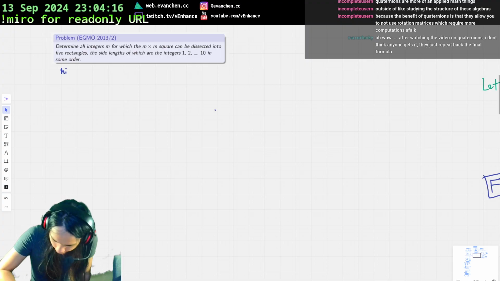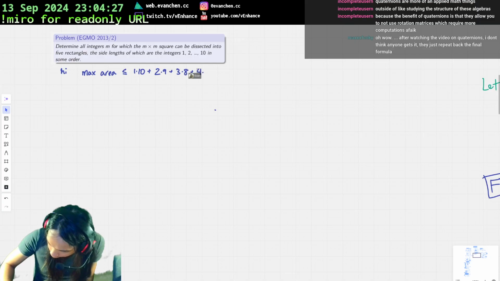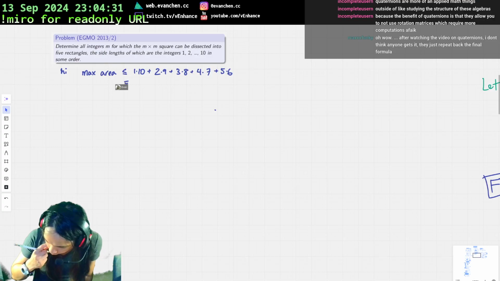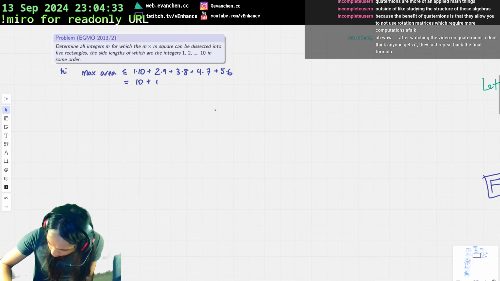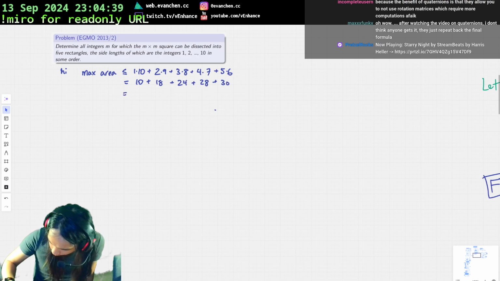Okay, first thing is the max area by rearrangement inequality. So the area is certainly bounded above by 1 plus 2 times 2, 9, 3, 8, 4, 7, 5, 6. So, I don't know, 10, 18, 24, 28, 30, 110.